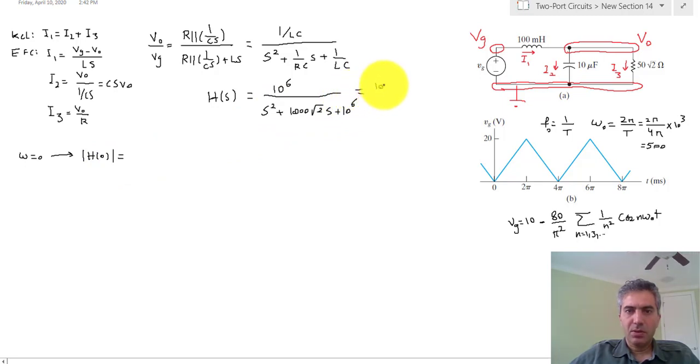So that would be 10 to the 6 over 10 to the 6, and (j omega) to the power of 2 is minus omega², so minus omega² plus 1000 square root of 2 omega j.